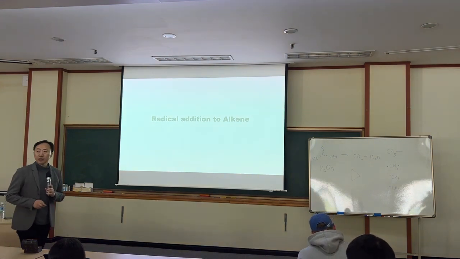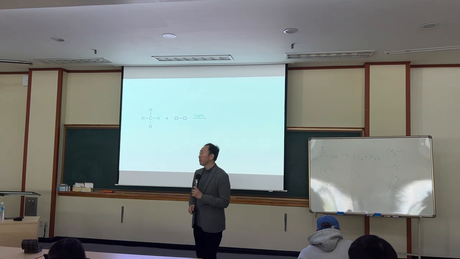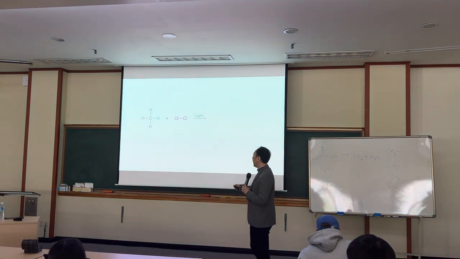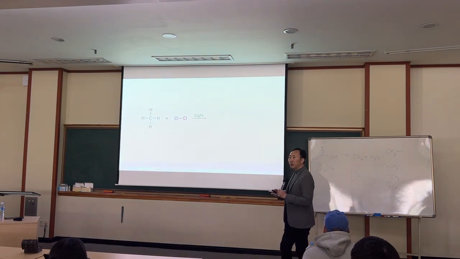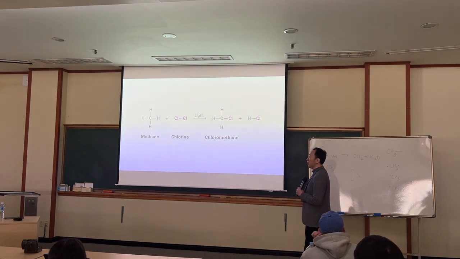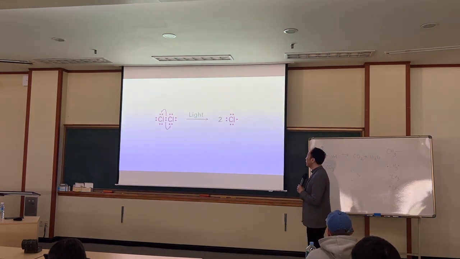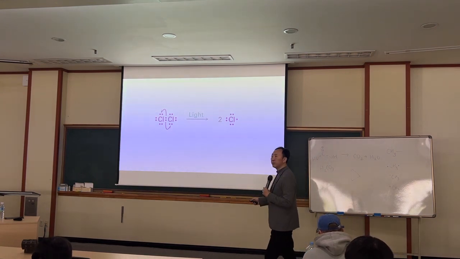We have learned the radical reaction before with alkane. If we have an alkane and an easily breaking material like chlorine with energy, then it can form this. The starting step is breaking the weakest bond, and it generates a radical.